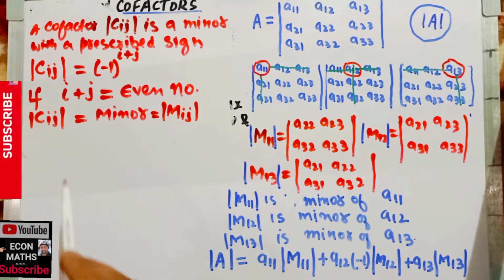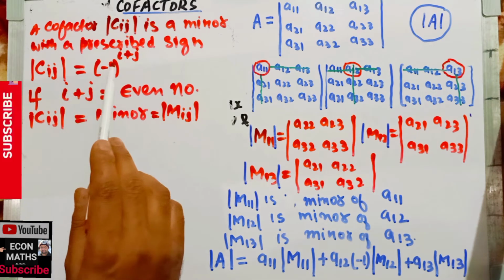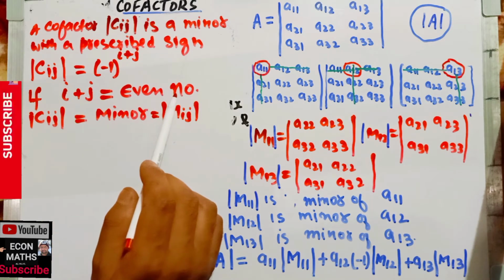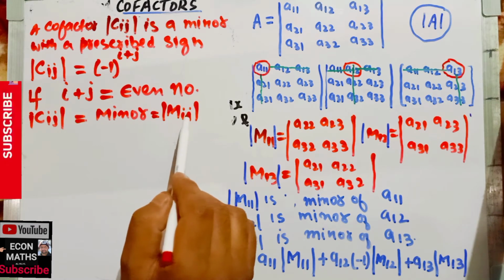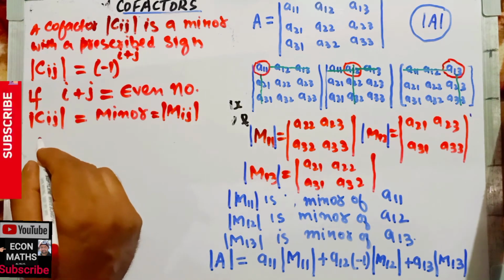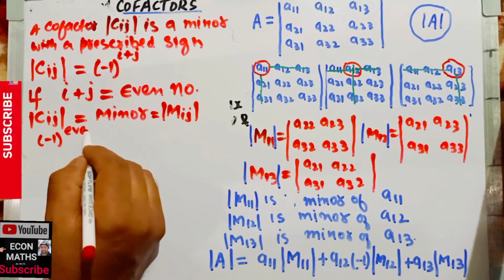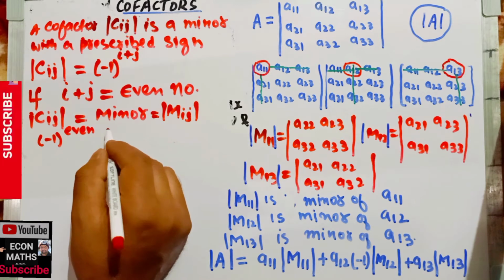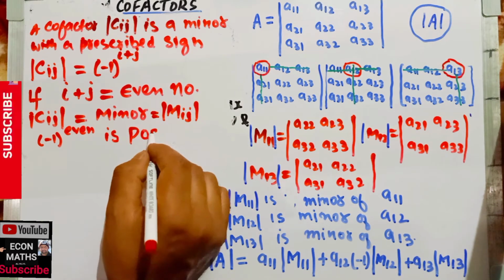If the sum of the subscripts is an even number, then Cij is equal to Mij, because -1 raised to an even power is always positive.